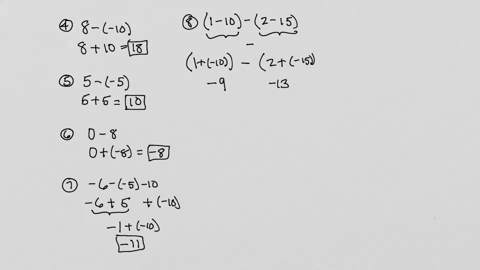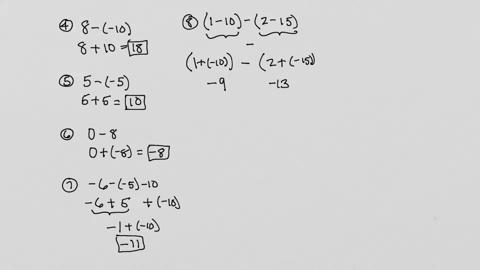The absolute value of 2 is 2, the absolute value of negative 15 is 15. 15 minus 2 is 13, and the sign that we're going to assign is the negative, so there's our negative 13. 2 plus negative 15 is negative 13. Or if you get used to doing this, you can see I've got 2, I lose 15, I'm down 13.